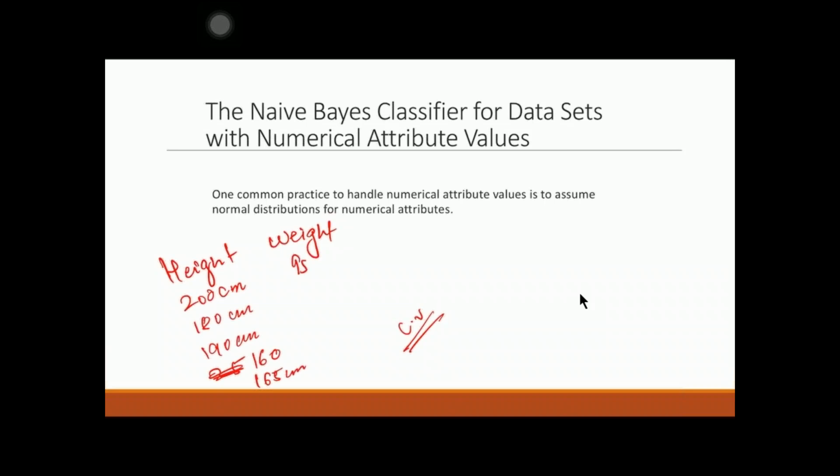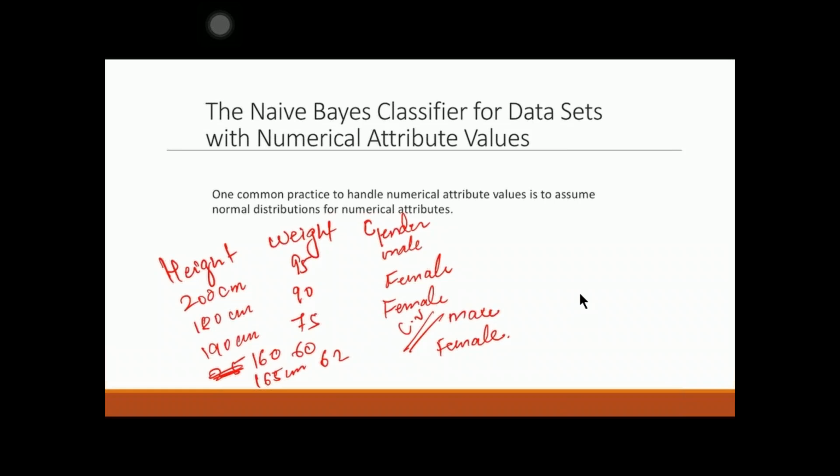Similarly, weight is 95, 90, 75, 60, 62. You want to predict whether it is male or female, based on the height and weight.